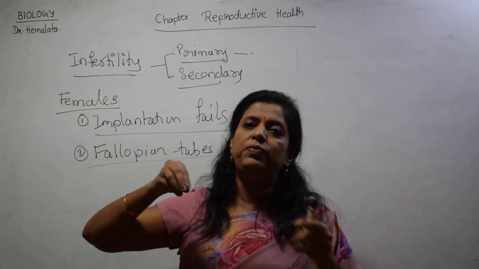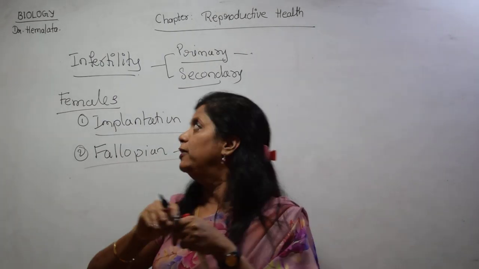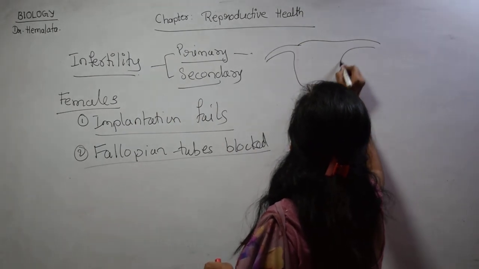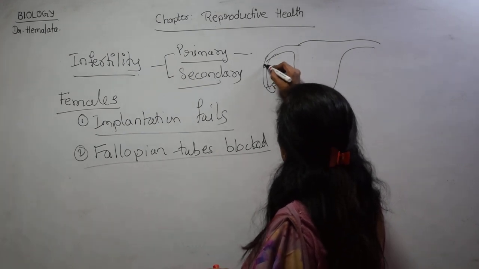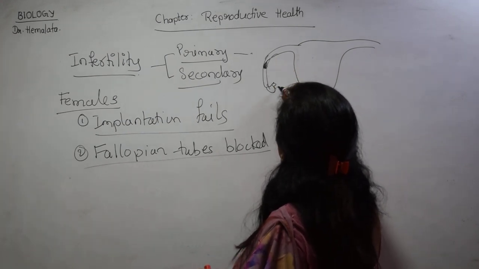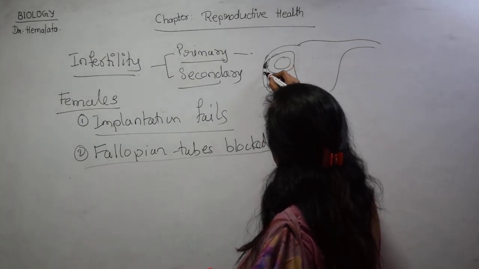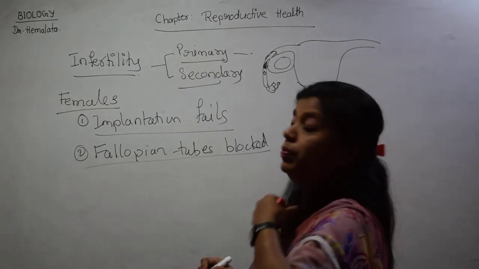Sometimes blood clots will adhere to the fallopian tube and block it. So although the egg is released, you can see here, suppose this is the uterus, okay? Fallopian tubes are here. Suppose they have clotting here. Although the egg is released from the ovary, it will not be able to move further inside. This is called blockage in the fallopian tube.